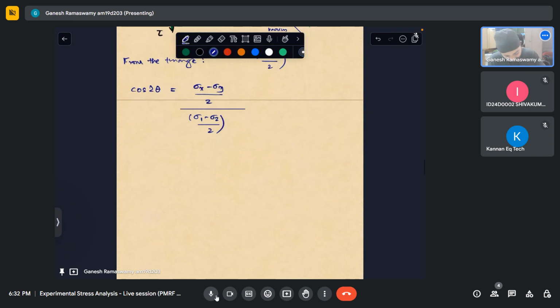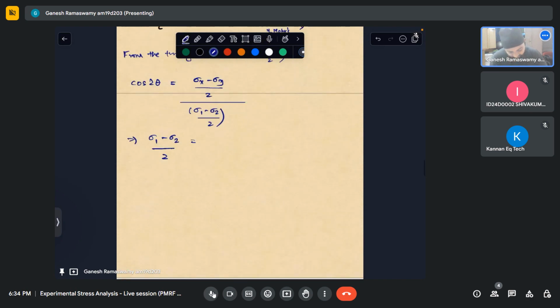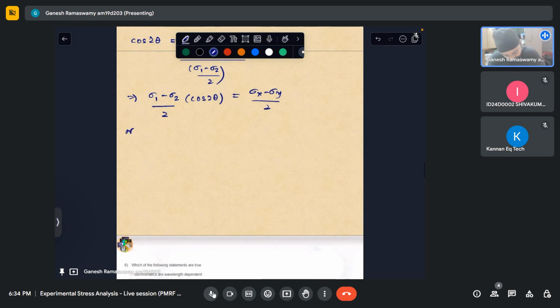So from here we get sigma 1 minus sigma 2 by 2 into cos 2 theta is sigma x minus sigma y by 2. Or in other words, sigma x minus sigma y is nothing but sigma 1 minus sigma 2 times cos 2 theta.